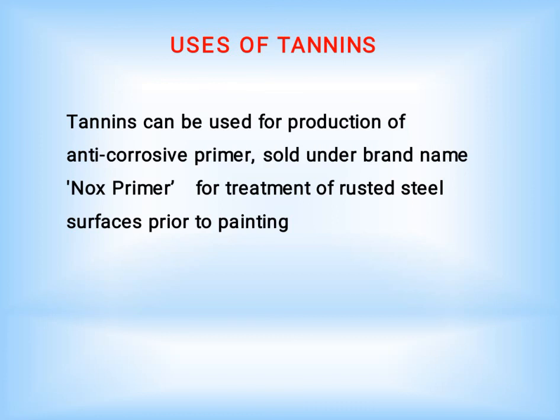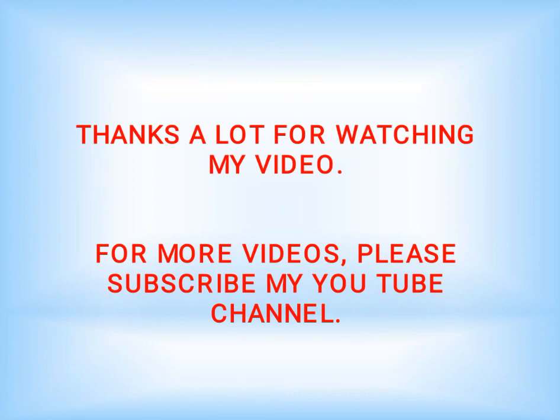Tannins can be used for production of the anti-corrosive primer named Knox Primer, which has been used for treatment of rusted steel surfaces prior to painting. So this is all about uses of tannins and tannins as a secondary metabolite.